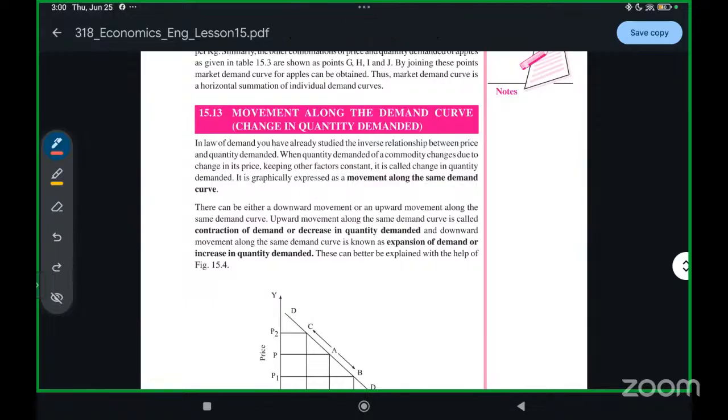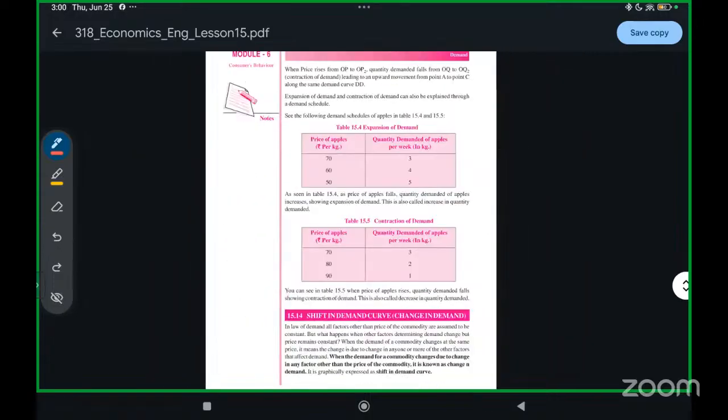Contraction of demand and expansion of demand. Upward movement along the same demand curve is called contraction of demand, a decrease in the quantity demanded. Downward movement along the same demand curve is known as expansion of demand or increase in quantity demanded.